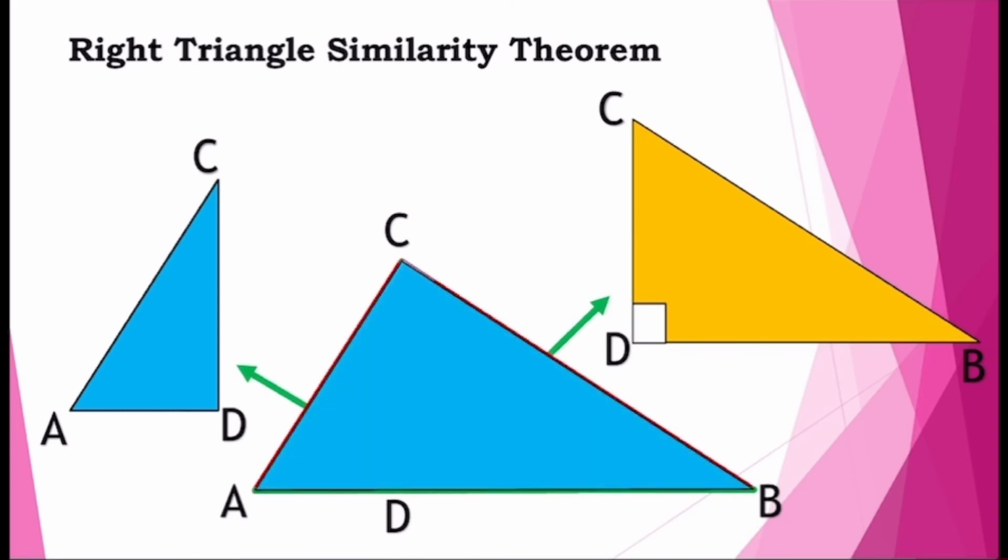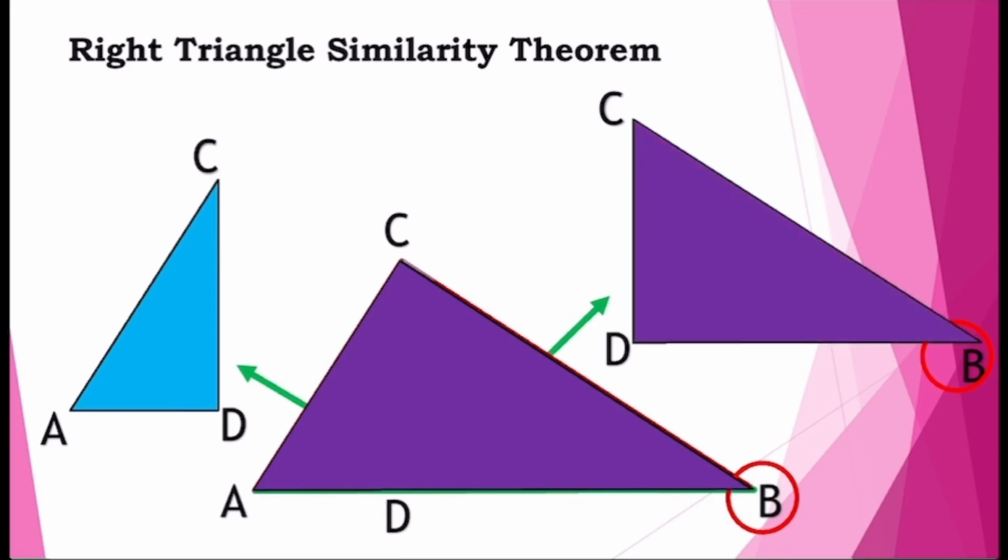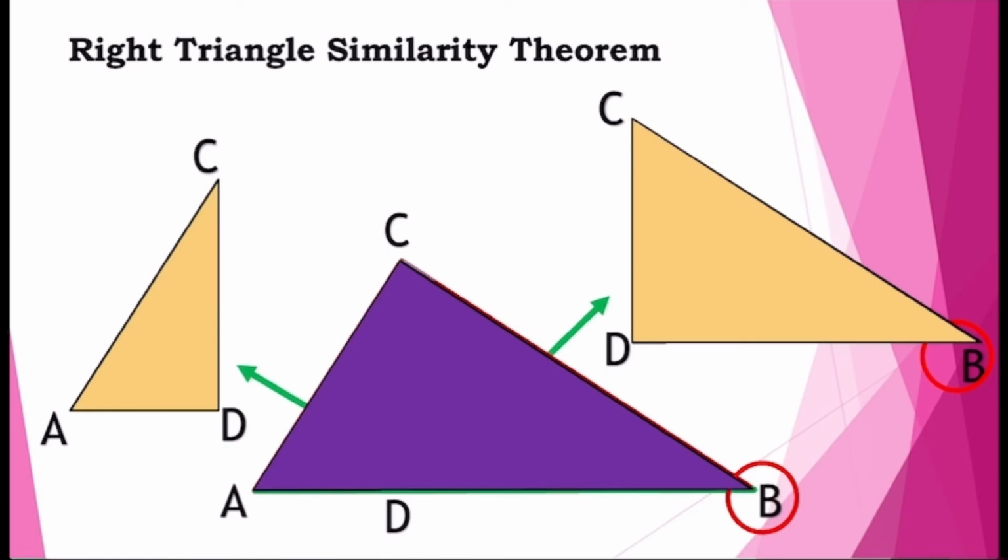Using the same theorem, and that angle B is congruent to angle B, triangle ACB is similar to triangle CDB. Hence, triangle ADC is similar to triangle CDB by transitivity.